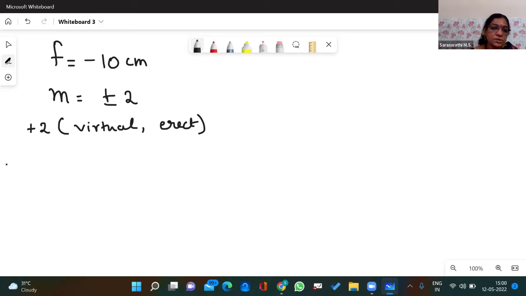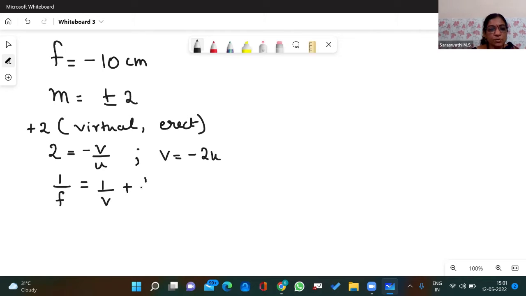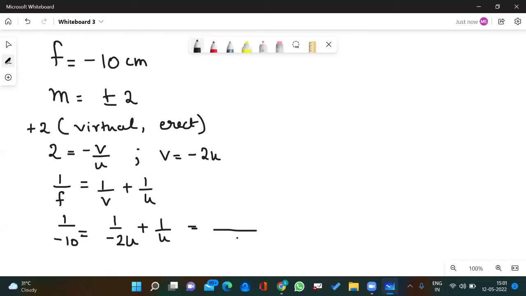So 2 here will be equal to minus V by U, or V is equal to minus 2U. Let us substitute in 1 by F is equal to 1 by V plus 1 by U. So 1 by minus 10 equals 1 by V, which is minus 2U, plus 1 by U. What is the LCM? 2U.